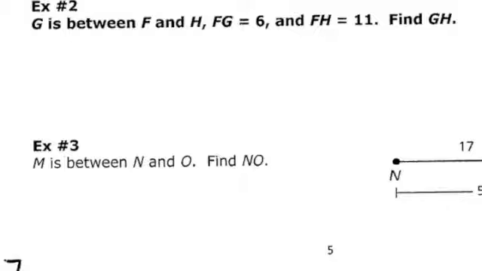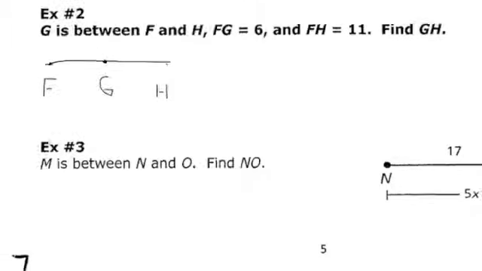It says G is between F and H, so you know F and H are your endpoints. Here's F and H, and G is between those. If we draw a line, we know that G is going to be somewhere right in here.